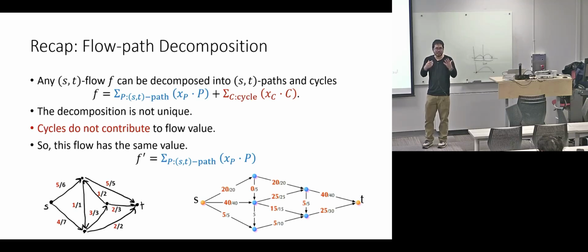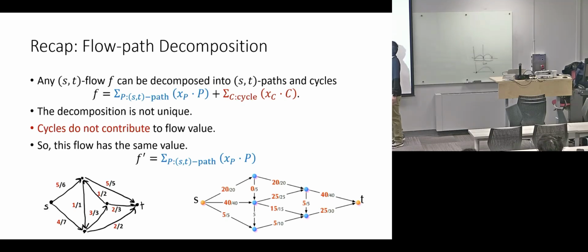So if you just do that DFS, you either get an ST path, or once you find a cycle, you just subtract the cycle. Keep doing that. It means that you can decompose any flow into a sum of ST paths, each scaled by some value x_p for each path p, plus a sum of cycles, each scaled by some value x_c. Any questions about this?